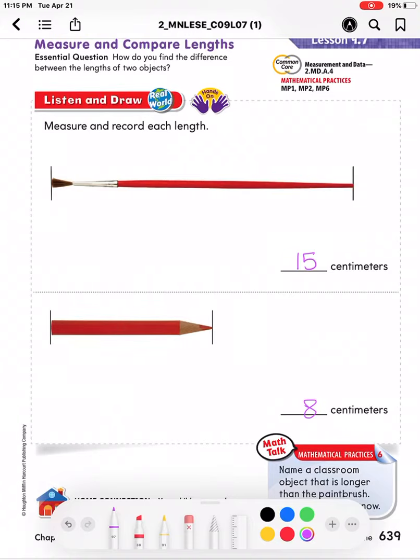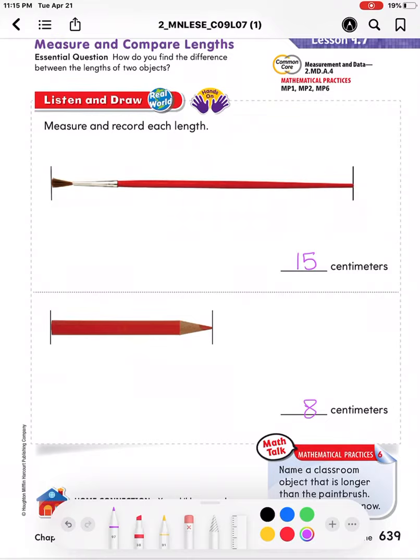Are you going to compare the lengths between both of them? Now, since it is longer than the paintbrush, the length should be more than 15 centimeters. Excellent. So now you have to name a home object that is longer than the paintbrush and explain how you know it. Okay?